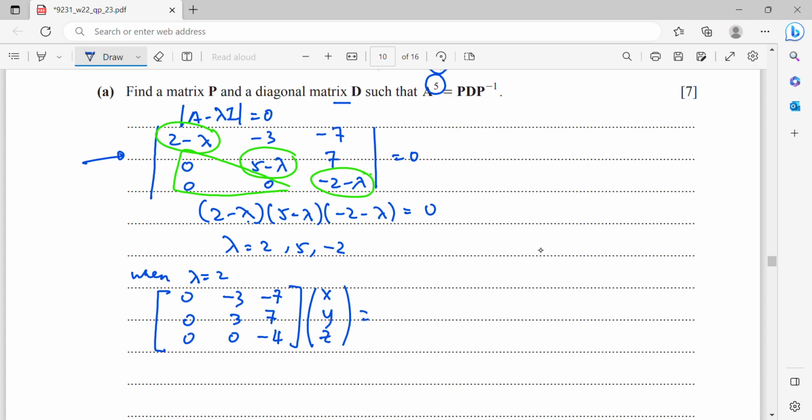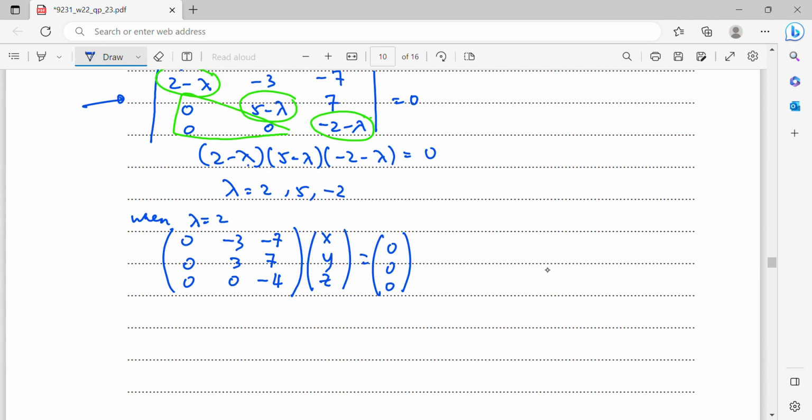Okay, you need to solve this equation. Instead of using square brackets, you can just use normal brackets. Now, you will notice that the first row and the second row are basically the same, therefore we will just write one of them. Of course, I start with the last row first. So I will get minus 4z equals to 0, then my z will be 0. Then 3y plus 7z equals to 0, then my y is 0.